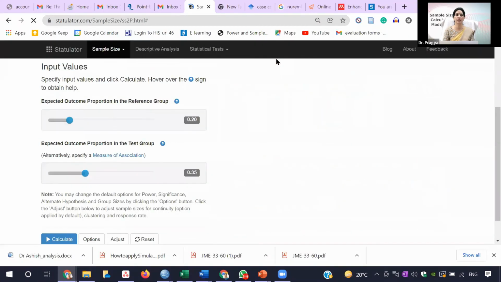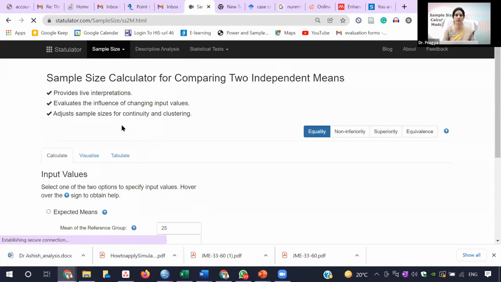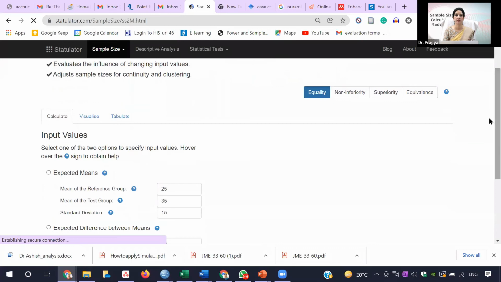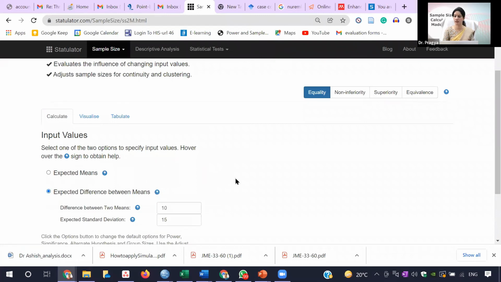If you click this option, you can see there is compare two independent means. So here I have used this. And in this case, if you see the input, I have to use the expected difference between the means, because here the difference of the means is 5 degrees and the standard deviation is 10.